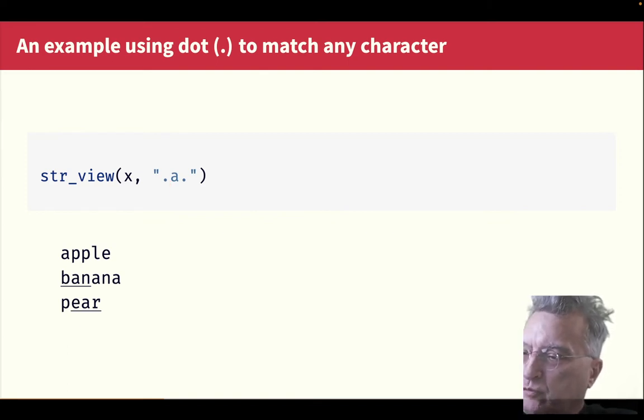So this regular expression here resolves to any character followed by A followed by any character. Now you see that that doesn't work in apple because there's no character before the A, but it does work for banana and pear because there is a character before the A. Now you might wonder how it decided to do BAN instead of NAN. NAN would also be a valid match for this regular expression.